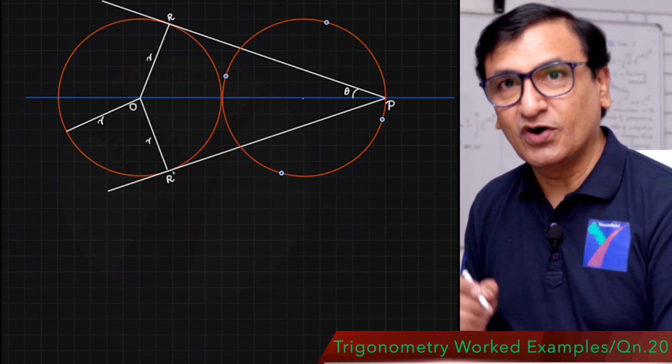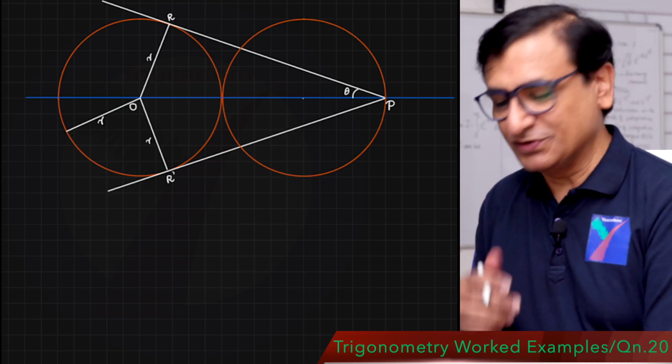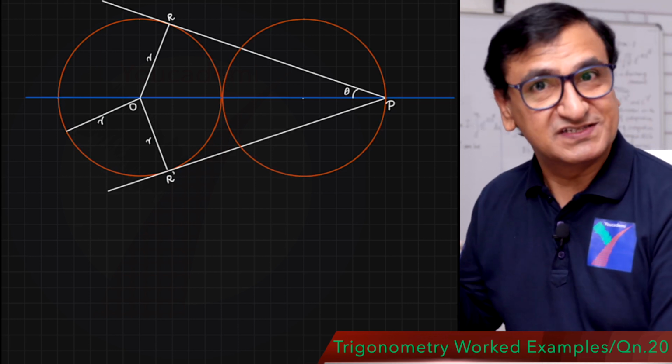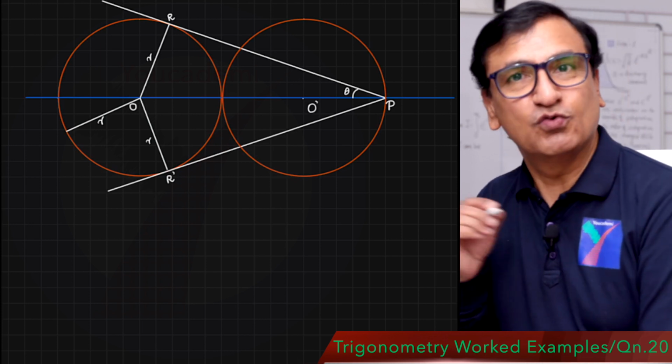Next, I am going to draw another pair of tangents from point P prime. Before that, let's call the center of our second circle O prime. So this is O prime.